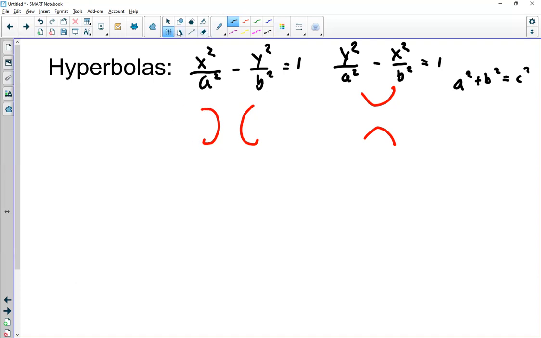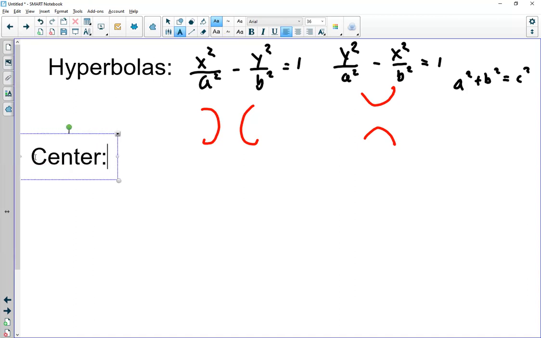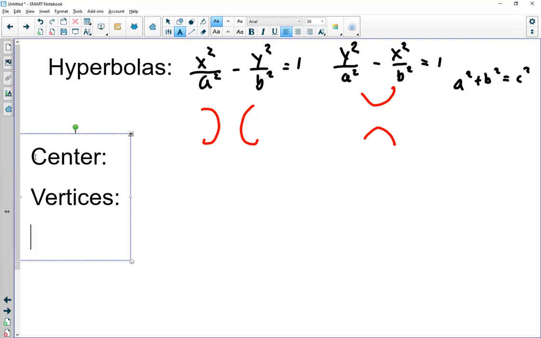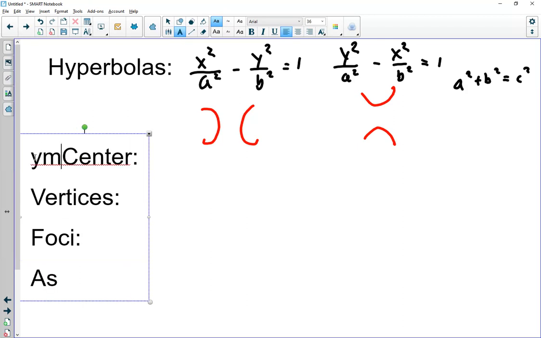All right, in these questions, we're going to need to find, let me open it up to make sure I accurately describe what I need to find: the center, the vertices, and this one is just vertices, because there's no minor vertices here, the foci, and the new one, the asymptotes.